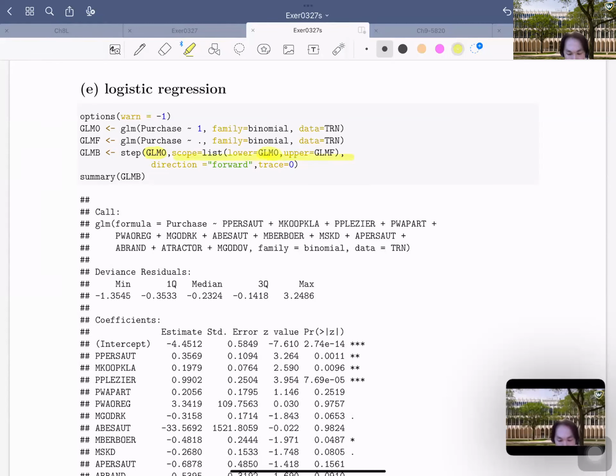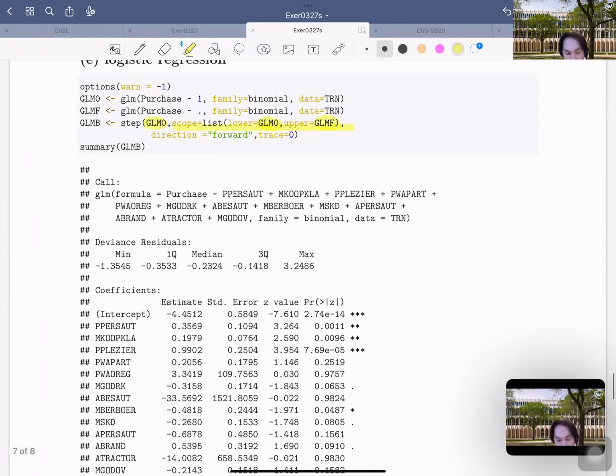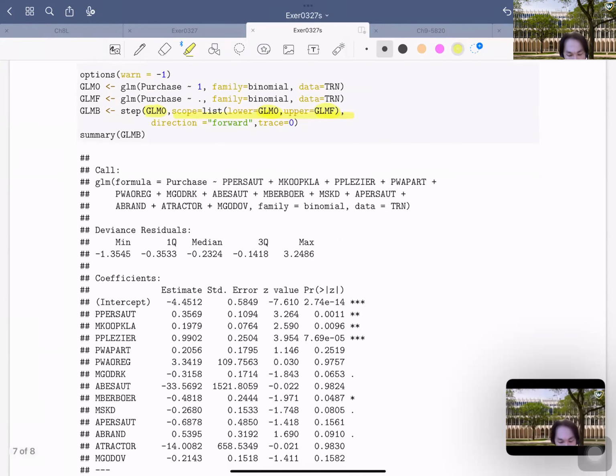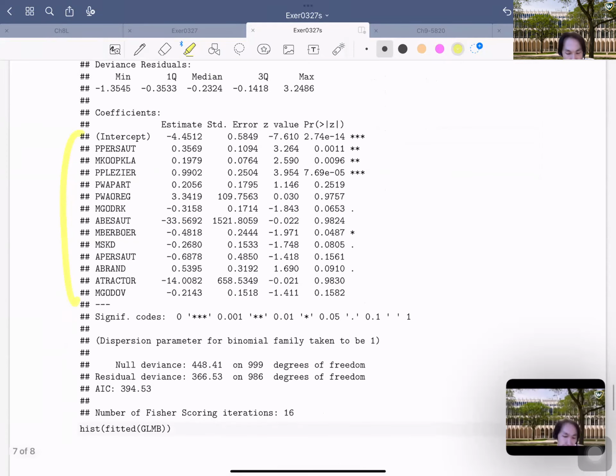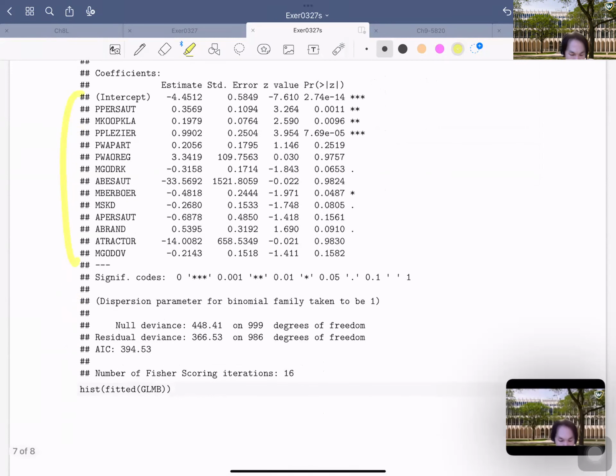GLM0 is the null model. GLMF is the largest model. So basically, we have to specify the scope, I think. Maybe some of these can be omitted, but basically the starting model and the scope, the minimum and maximum model, and the direction, then trace 0. Then these are the predictors chosen. Only maybe 10 or 15 predictors.